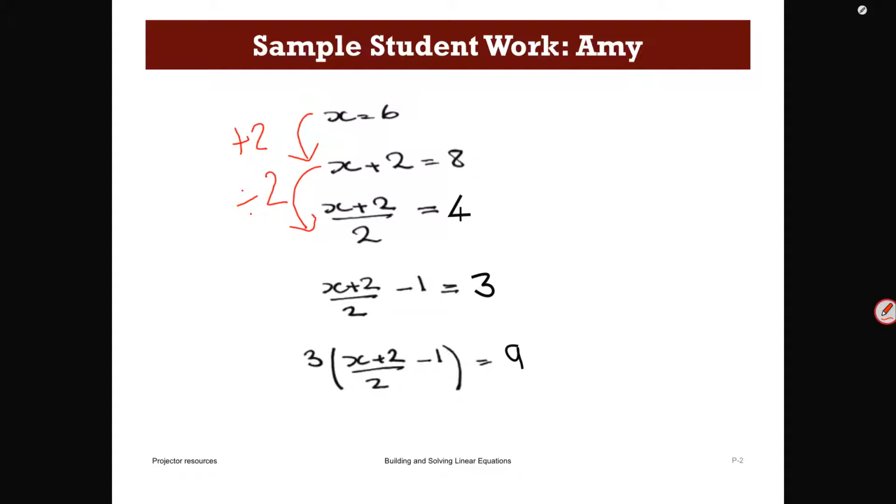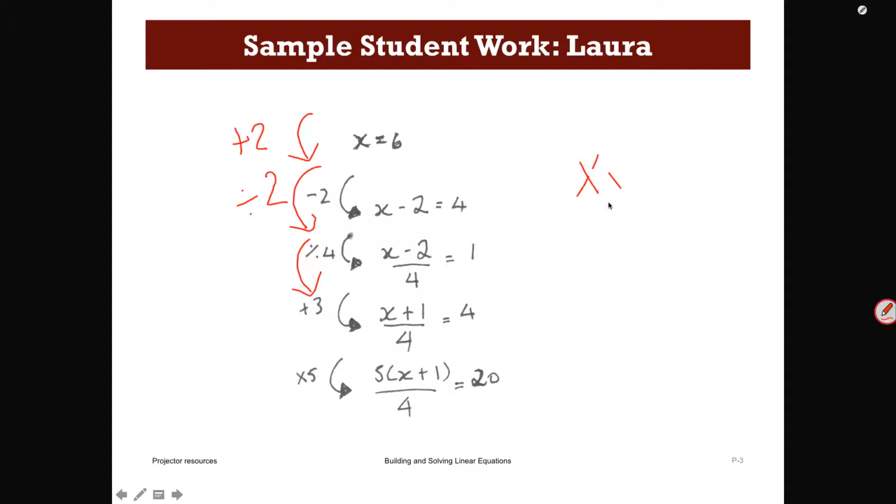Okay, so now what did she do? Now what happened? Subtracted the problem by 1. She subtracted the problem by 1. See, if you notice, she subtracted this entire term, that's one term. And she subtracted that whole thing by 1.